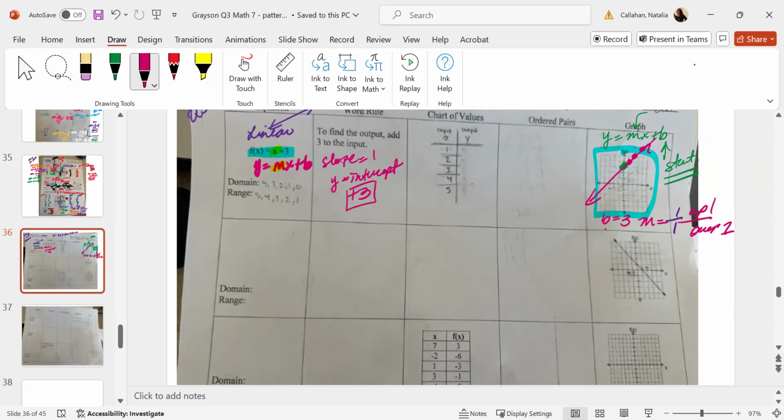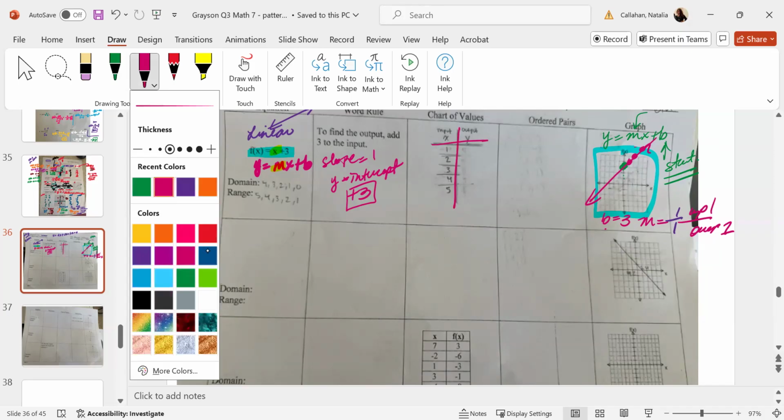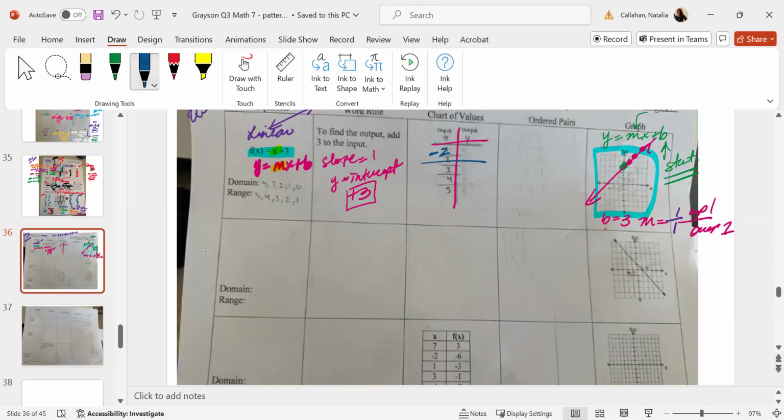So the only thing that's going to be changed is you add 3. When you do a chart of values, it's best to have different numbers, as in we start at -2, -1, 0, 1, 2. Do you see how positive and negative numbers?